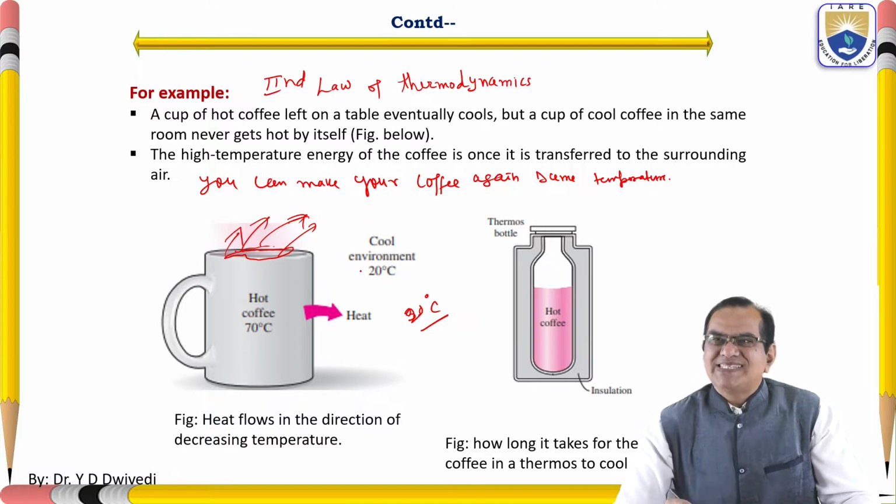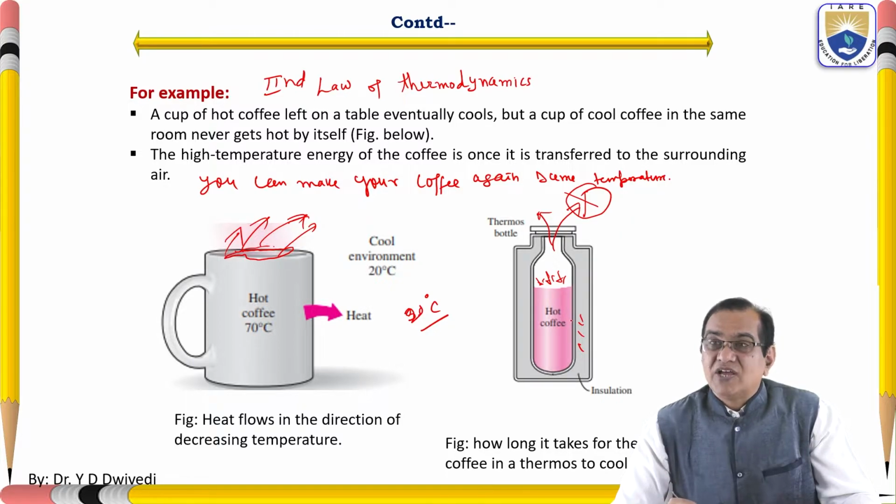Another way we can see this is with a thermos bottle, which is very well insulated. This is the insulation, and inside we have the hot coffee. Because it is insulated, heat will not go in this direction, it will not go to the surrounding.